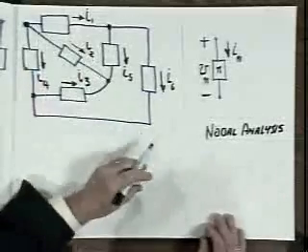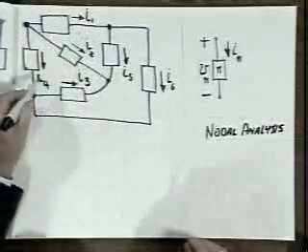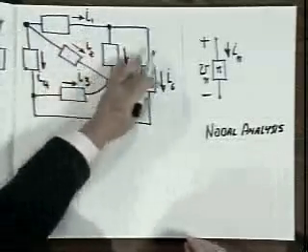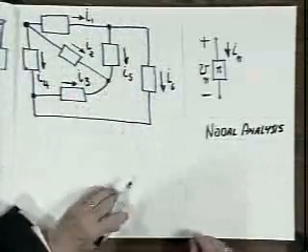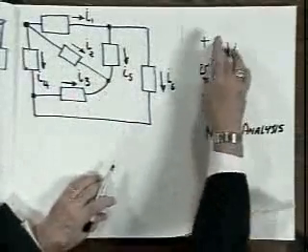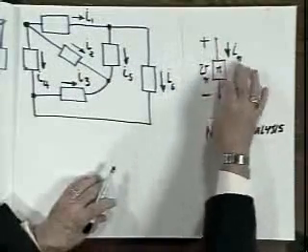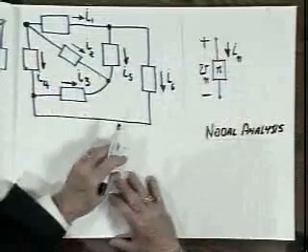Now here I've defined I1, I2, I3, I4, I5, and I6, the currents in each of these six elements. That is, for each element there is a current I sub n and a voltage V sub n for the nth element. I'm not going to number all these. It's not necessary for our purposes here.